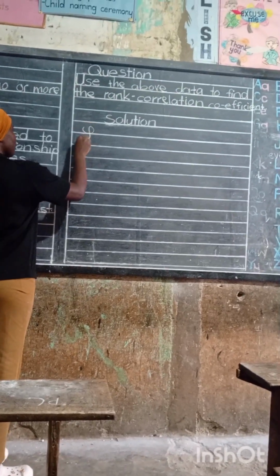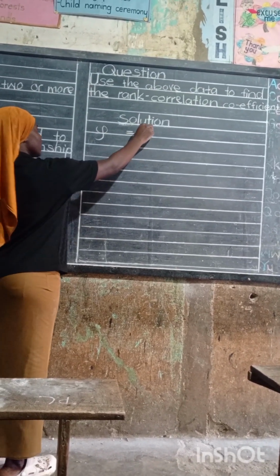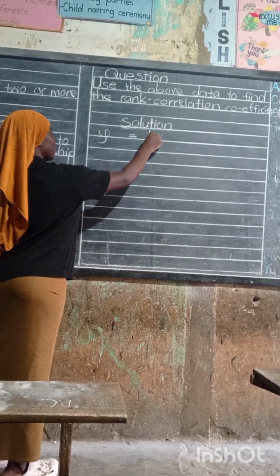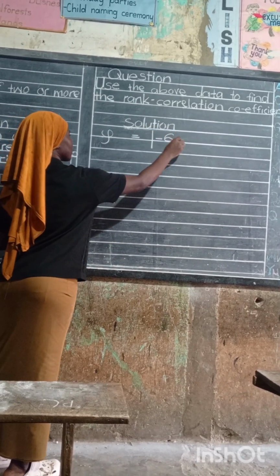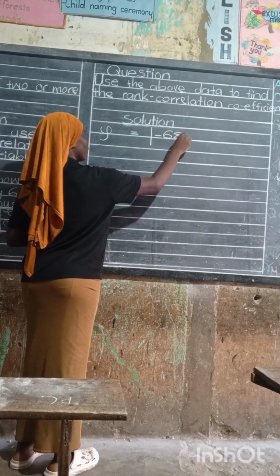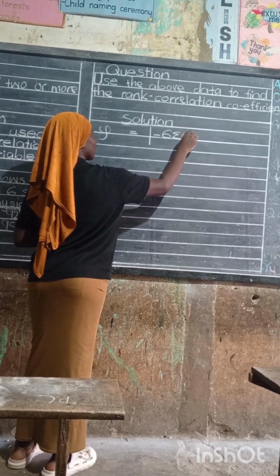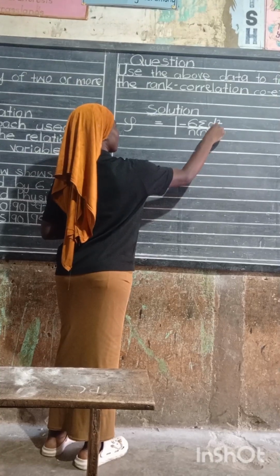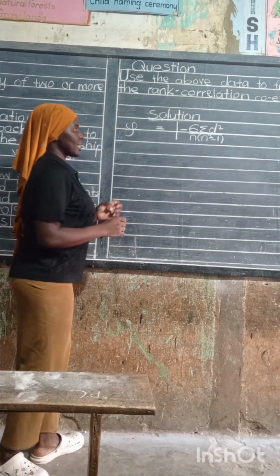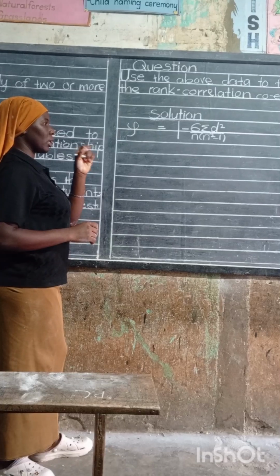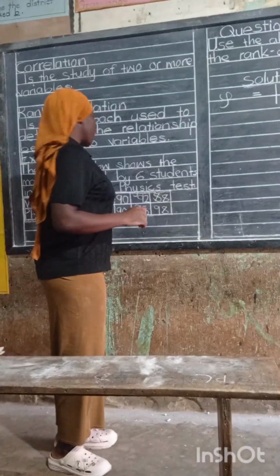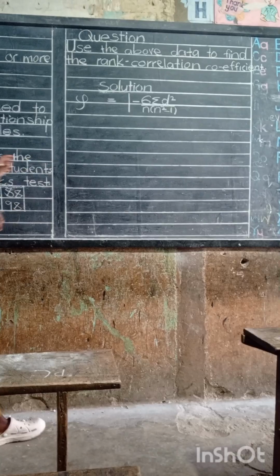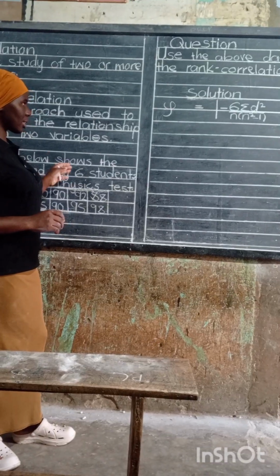I'm going to use Spearman's, whose formula is given as: rho equals 1 minus 6 times the summation of d squared, out of n into n squared minus 1. The d is the difference between the two ranks, that is math and physics. Then n is the total number of students, and that is 6.